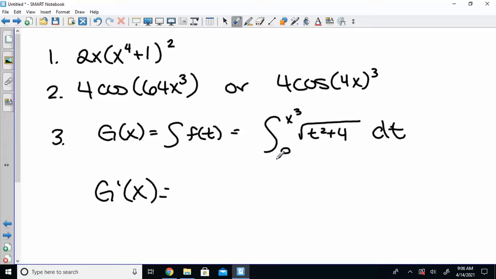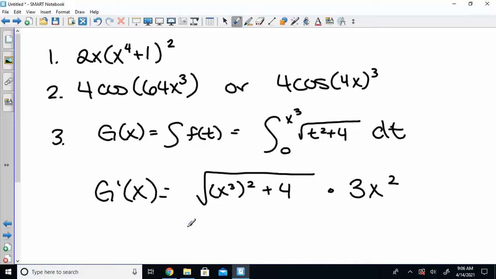So that is the fundamental theorem of calculus. The derivative and an integral cancel each other. As long as you are going from a number to a variable, we just have to plug in our variable. Times, what's the derivative of x cubed? 3x squared. So we should get 3x squared times the square root of x to the 6th plus 4.